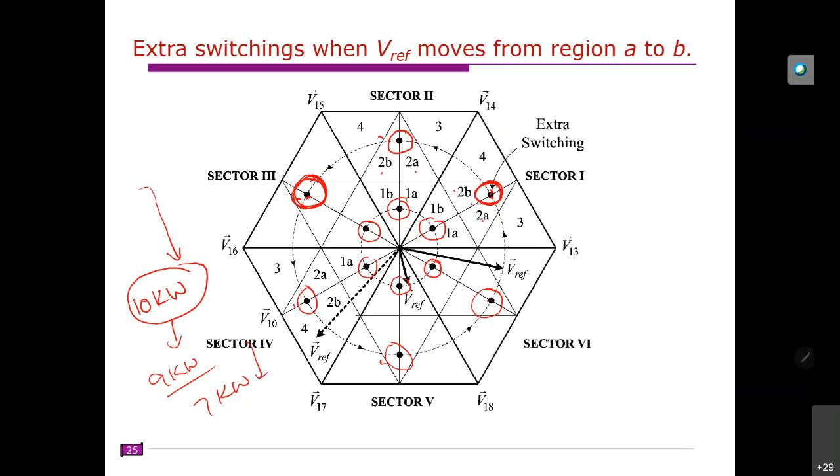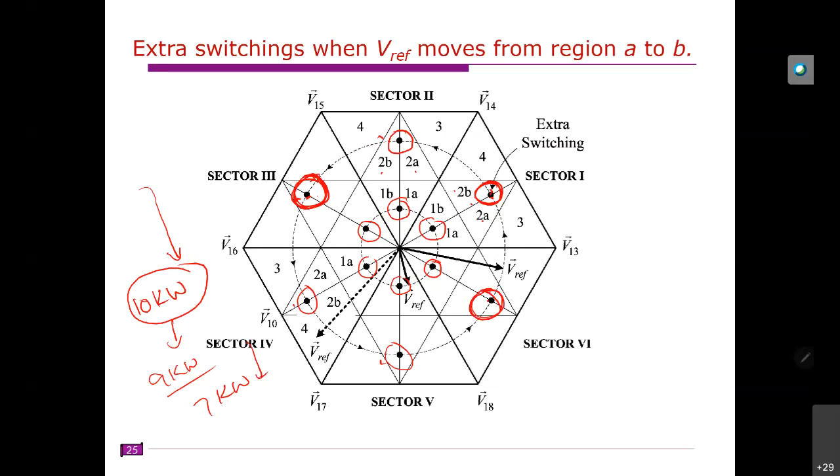So this extra switching loss may not be very big, but from the research point of view, this loss is significant. They are always trying to reduce the loss, so they have special mention on this.